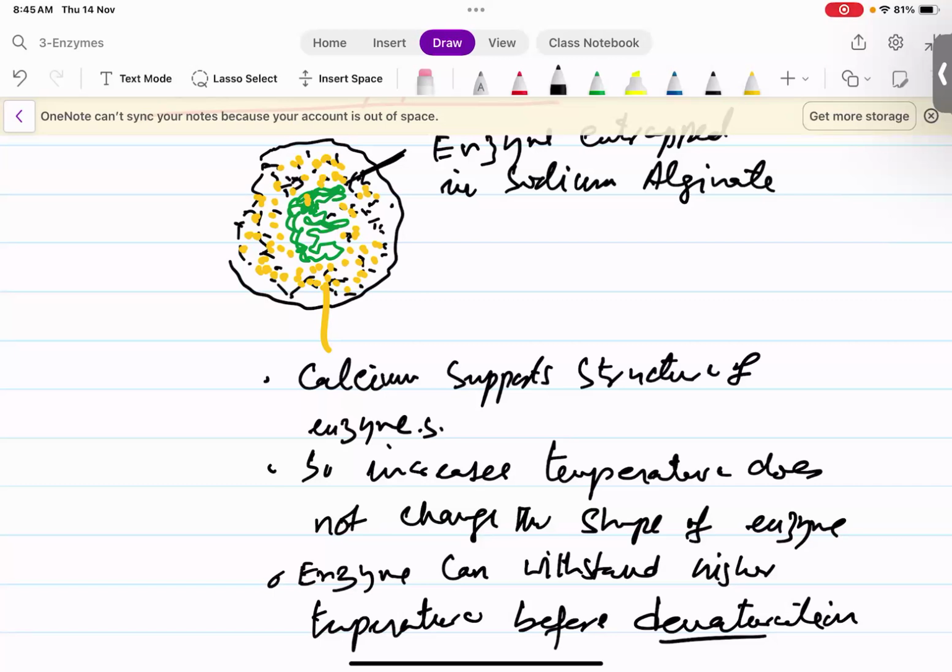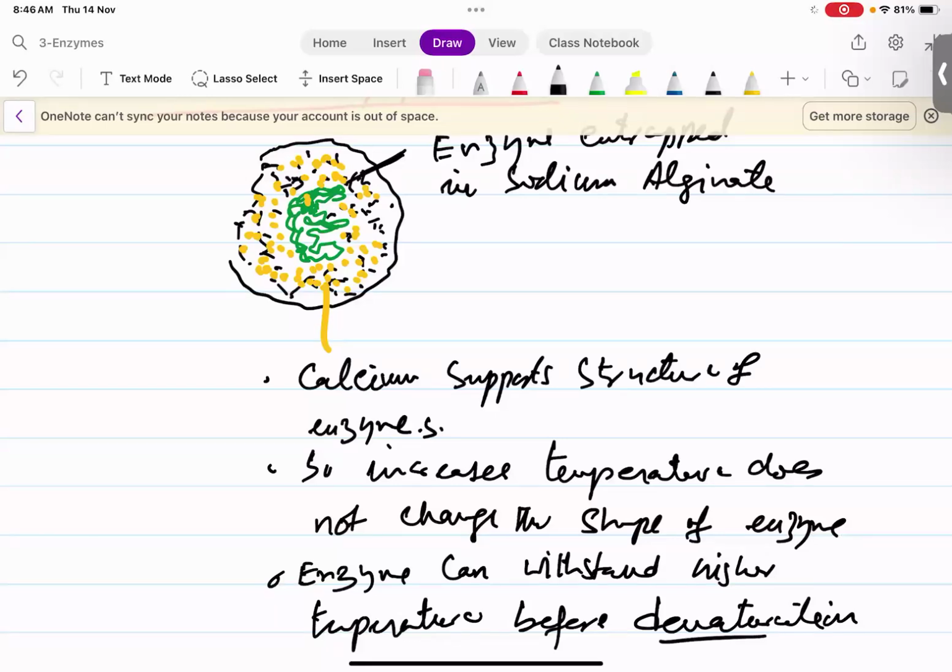So as they can withstand higher temperature, the enzyme activity will be higher. You see, if free enzymes denature at 40 degrees Celsius, but for example, an immobilized enzyme denatures above 60 degrees Celsius, so we have flexibility to increase the temperature of the reaction medium above 60 degrees Celsius.